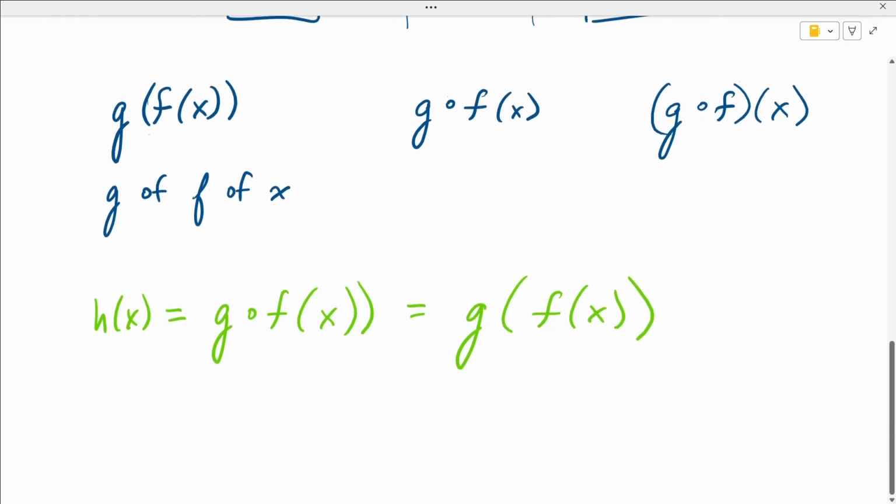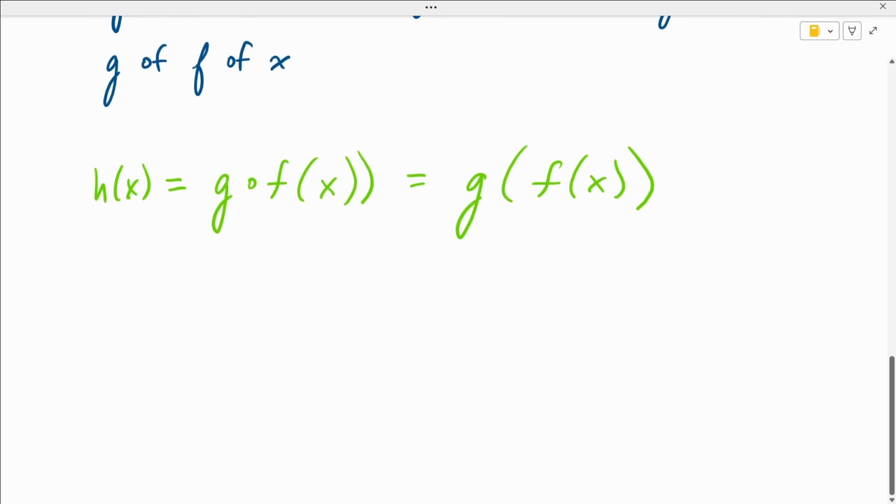To evaluate this, we need to first figure out, for some x, what is f of x? Well, we already know it's 12x minus 5,000. So what we now have is g of 12x minus 5,000.